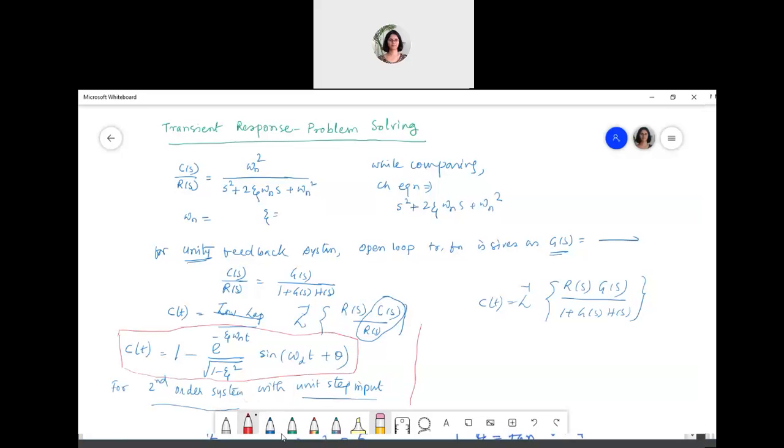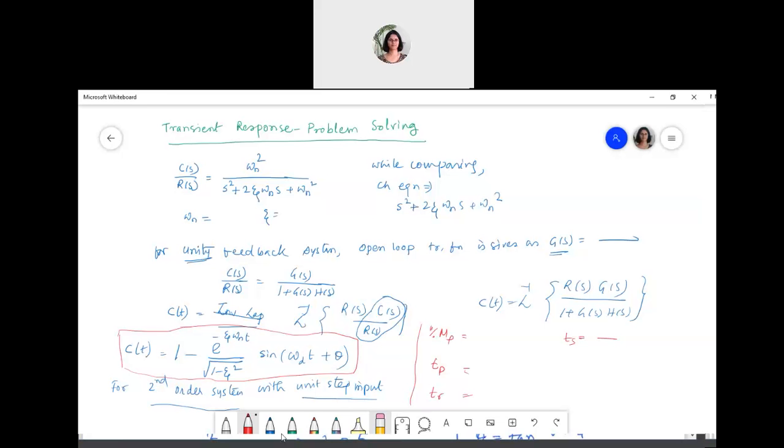One more thing we need to calculate, for a second order system with unit step response, is the percentage overshoot, peak time, rise time, and settling time. For each of them, we have derived the formula and we are going to use it. When we calculate settling time Ts, sometimes they specify settling time for 2% tolerance or for 5% tolerance. Even if they do not specify, while calculating Ts we need to consider one and state it.